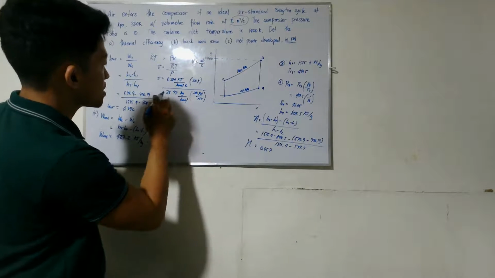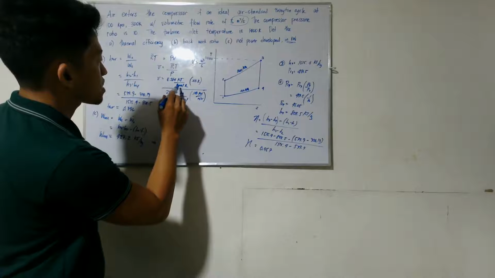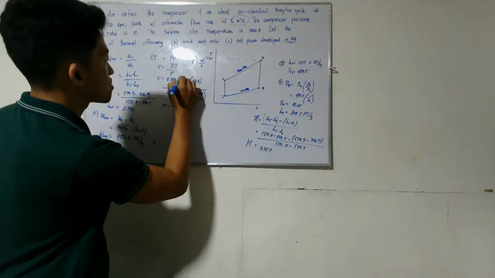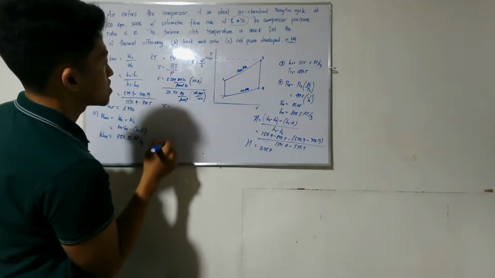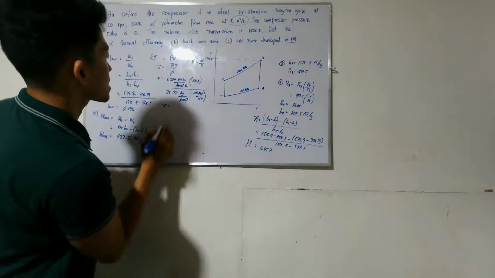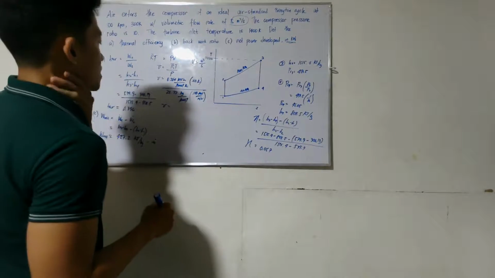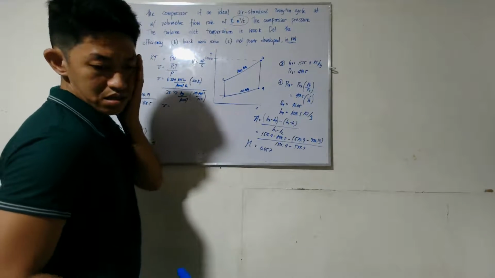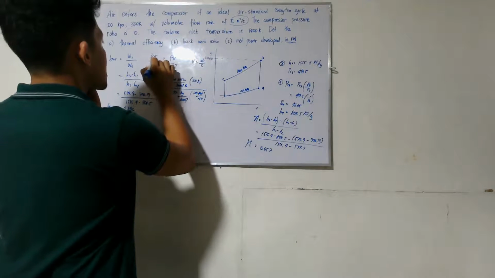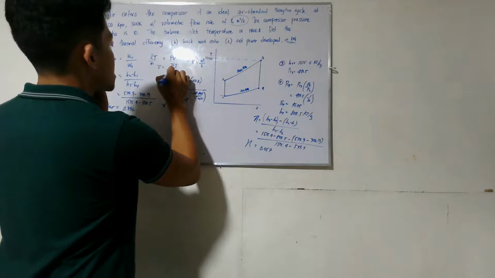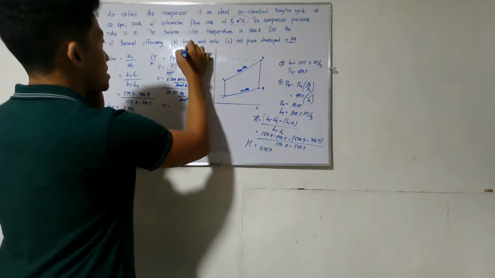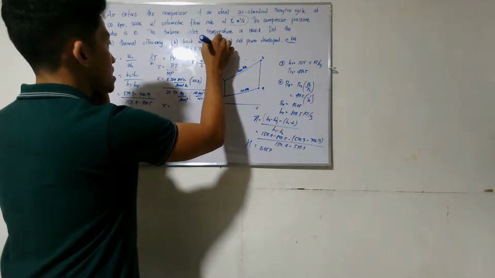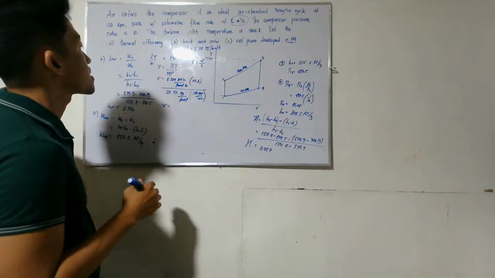Okay, so the unit of this should be m cube per kg. Cancel. Kilojoule is kilonewton meter. So this becomes m cube per kg. So that is right. So this is R bar over M. R bar is 8.314 kilojoule per kilomole Kelvin, or the universal gas constant.